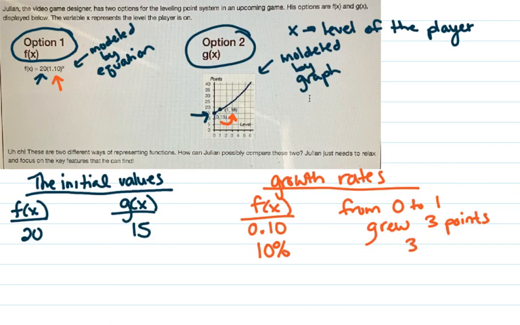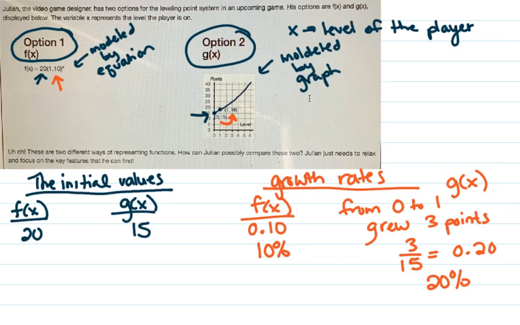So 3 over 15. And that should give me my growth rate. So when I divide 3 by 15, I get 0.2. So that means that g of x is growing by 20%.